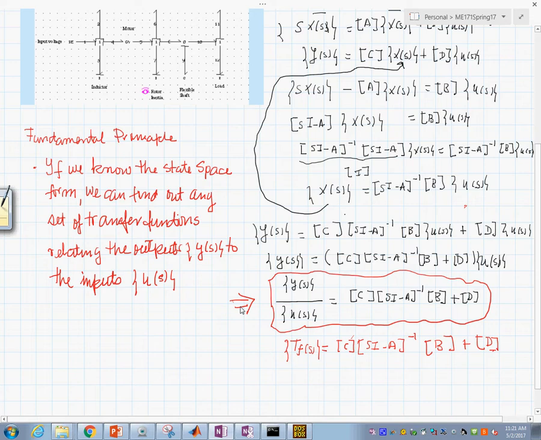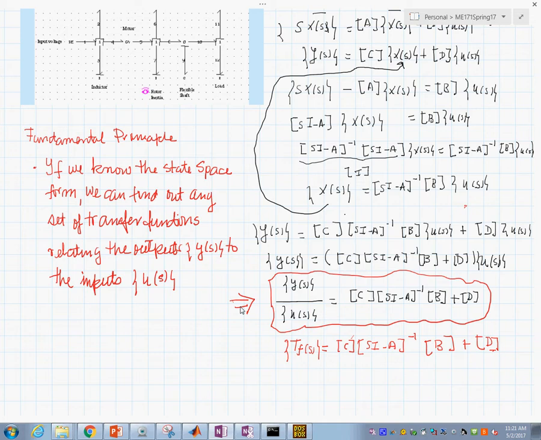So once we have established this principle, all we would have to do is to define what the outputs are, know the other matrices, and ChemG and MATLAB should do the rest.